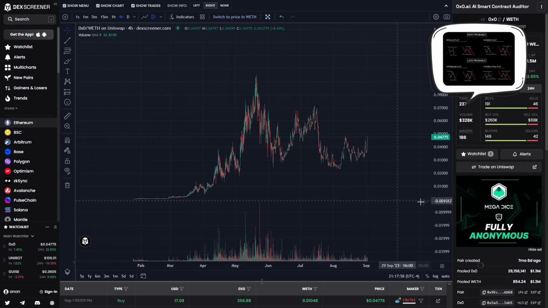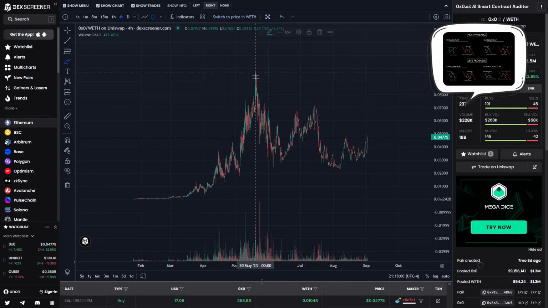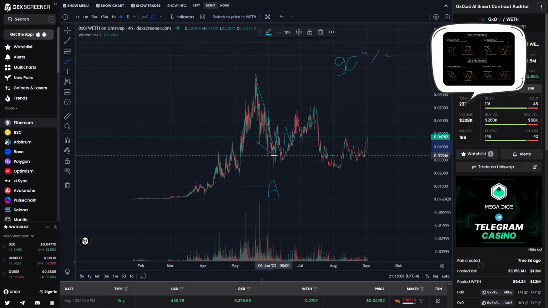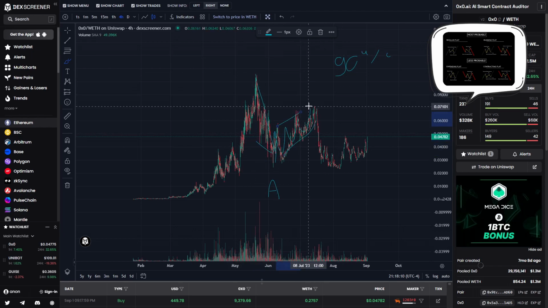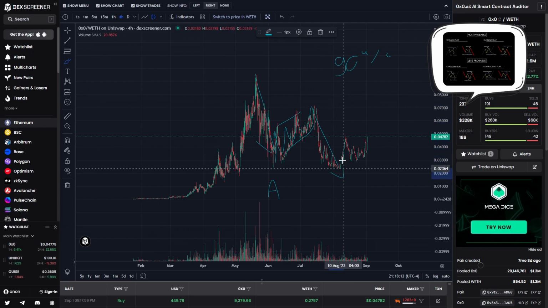The reason why is just like I said earlier: you have this move which is an impulse down, you have this correction, and a 90% chance of having another impulse in the same direction as the first one. So the first one was down, you have a correction, the next one will be down. Then you complete the whole 3-wave correction and you have a 90% chance of having another move up.